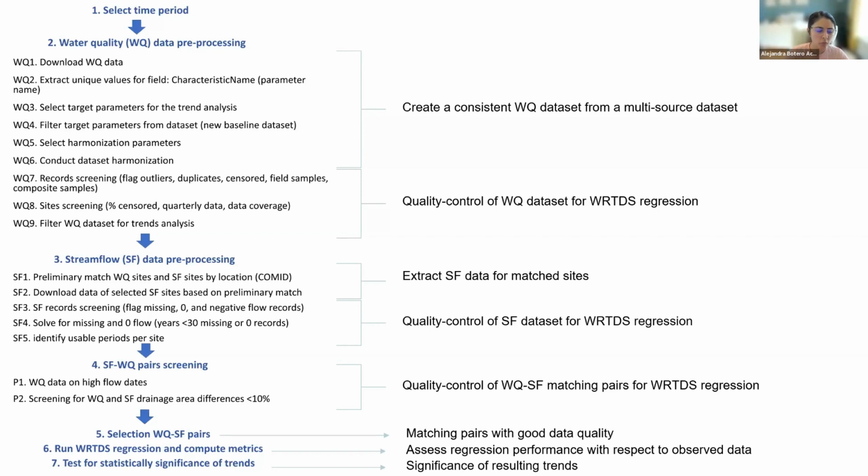And finally, we did a screening of the matching pairs, making sure that we had water quality data on high flow dates, and also that the drainage area difference between stream flow and water quality watersheds was less than 10%. So when we had these matching pairs that comply with these requirements, we conducted the WRTDS method to have a continuous time series of concentration, and we analyzed the significance of the trends analysis with a bootstrap method.